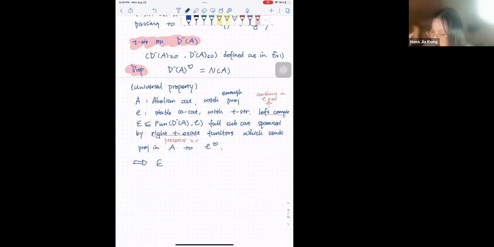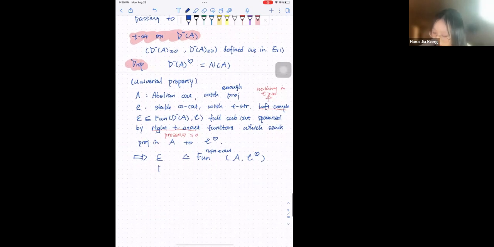It says that this full subcategory of the functor category is equivalent to the right exact functors from A to the heart of C. Right exact functors means you preserve finite colimits, and this equivalence is given by first looking at your functor F, restricting to A, and then taking the truncation smaller or equal to 0 to make it a functor between these two categories.